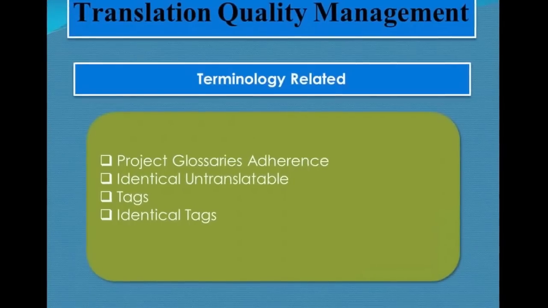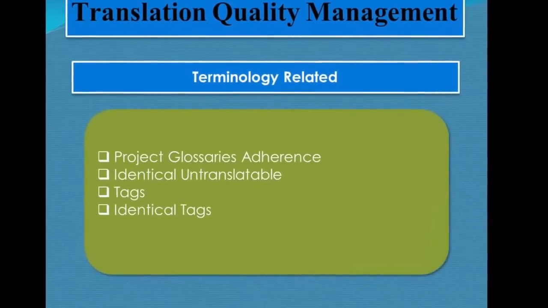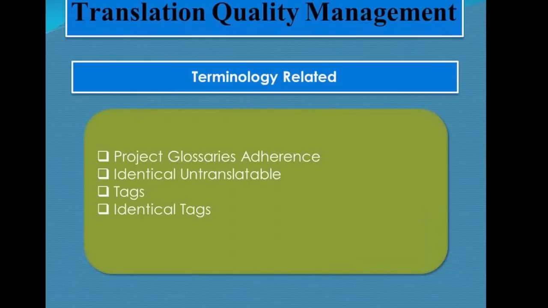Similarly, equally important is terminology. Everything is good, but if you have not maintained consistency in terminology, for example, at one point you are writing better, in the next paragraph you are writing good, and in the last paragraph you are writing best for only one word, this is not good consistency, and anyone can point it out.